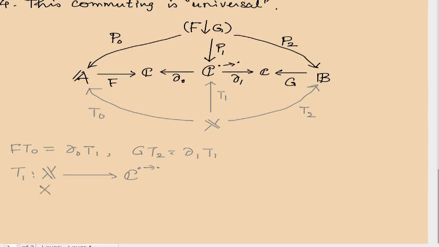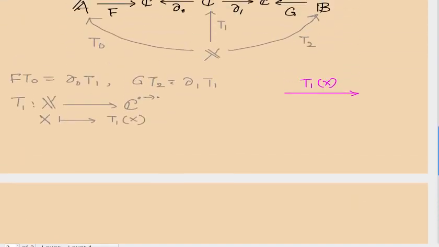It takes an object and produces a morphism of C. So a morphism will have a domain. What's the domain?